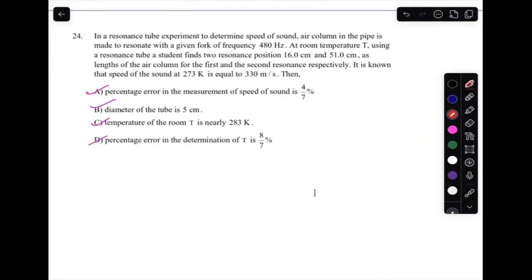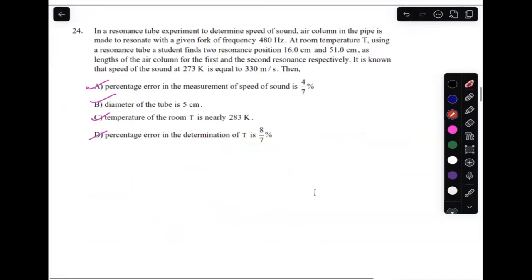It is known that the speed of sound at 273 Kelvin is 330 meters per second. Hold on, please try to understand, 480 Hz. What information are you giving to me?